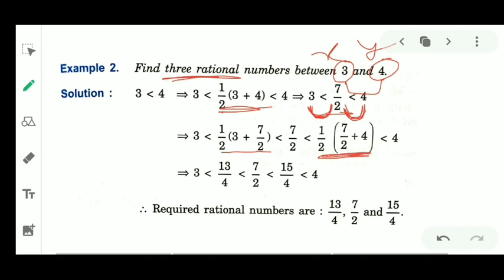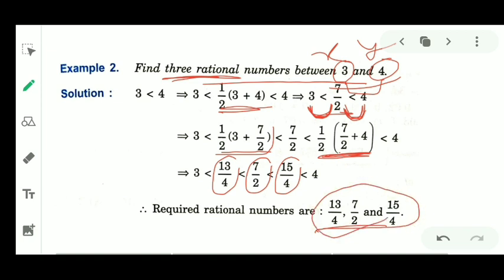So now 1/2 × (3 + 7/2) becomes 13/4, and 1/2 × (7/2 + 4) becomes 15/4. And 7/2 we have already written. So the three rational numbers between 3 and 4 are 13/4, 7/2 and 15/4.